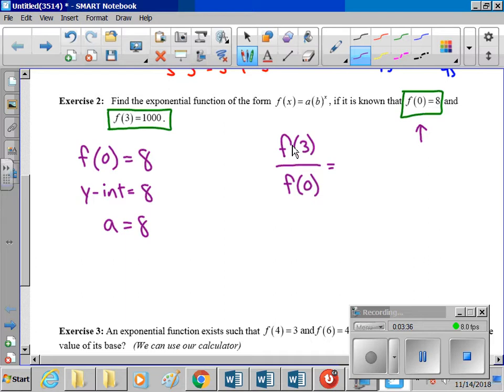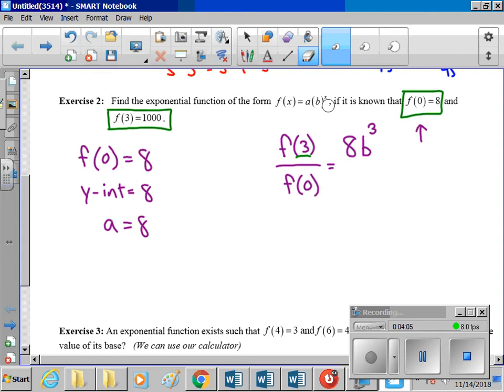So we're going to plug in everything we know about f of 3. Well, a is 8. We don't know b, but we plugged in 3 for x. So we have 8b to the power of 3. Oh, I'm sorry, this is not correct. I'm just going to erase this and we're going to start over. Sorry about that.